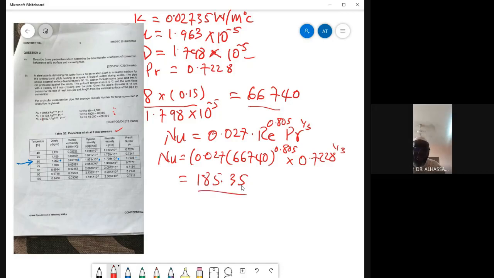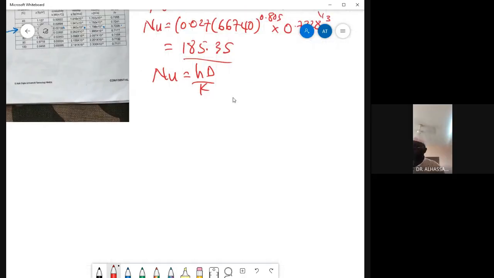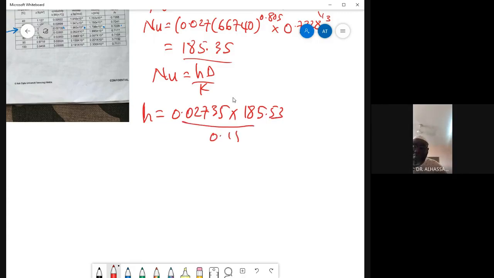Now we need to substitute this Nusselt number into the general equation, Nu equals hd divided by the thermal conductivity of the fluid. So eventually we will have h, which is the heat transfer coefficient, equals 0.02735 times 185.53 all over 0.15.